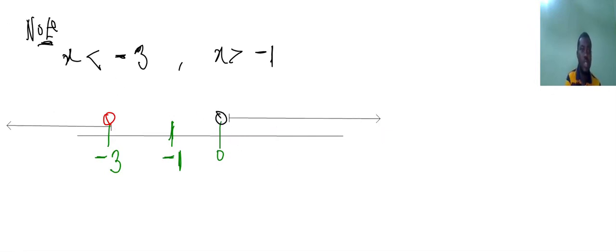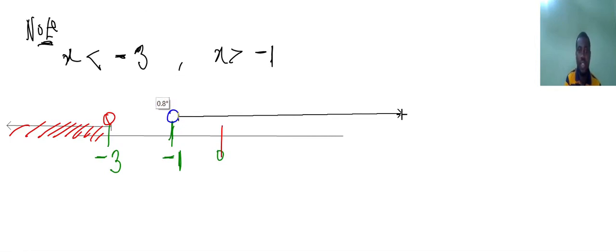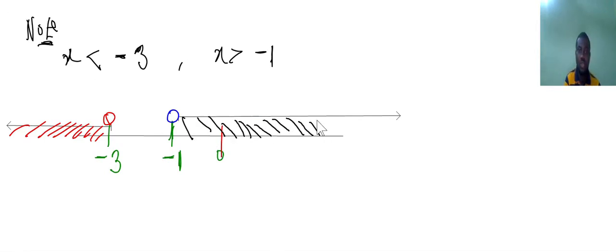If we shade x less than minus 3 this way, and x greater than minus 1 with a different orientation this way, you will observe that the shadings do not meet. So there's no agreement, and the answers will not be merged into a single inequality.